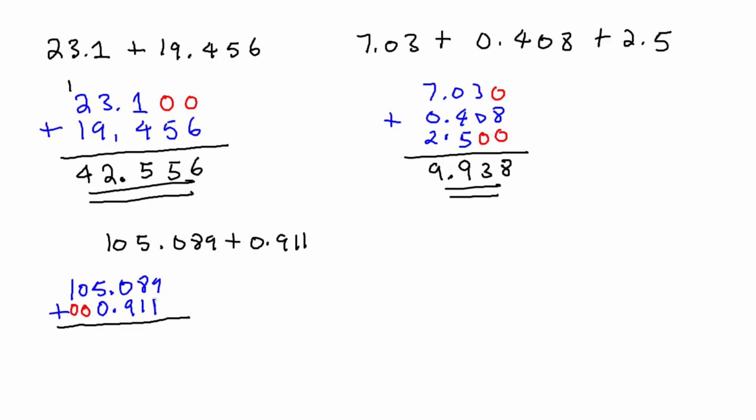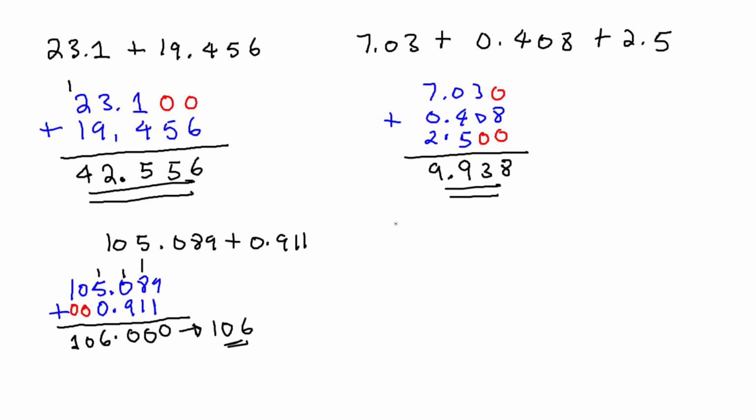Now let's add 9 plus 1, that will be 10. Carry the 1. 8 plus 1 plus 1, that will be 10. 1 plus 9, that will be 10. Bring down your decimal point. 1 plus 5, that will be 6. Bring down the 0 and bring down the 1. So your final answer is a whole number, 106.